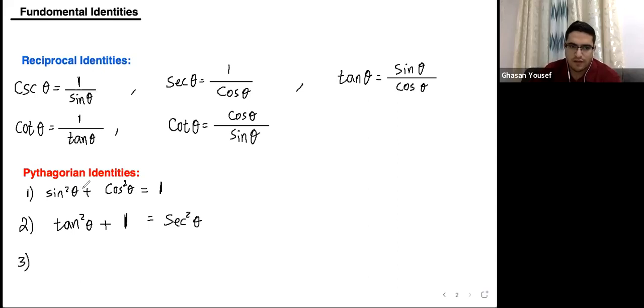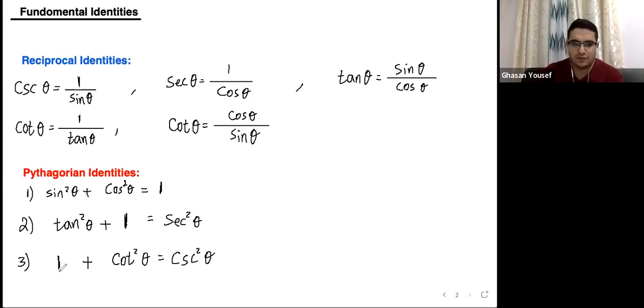Number 3: if I divide this identity by sine squared, I get 1 plus cosine squared over sine squared, which is cotan squared theta, equals 1 over sine squared, which is cosecant squared theta.